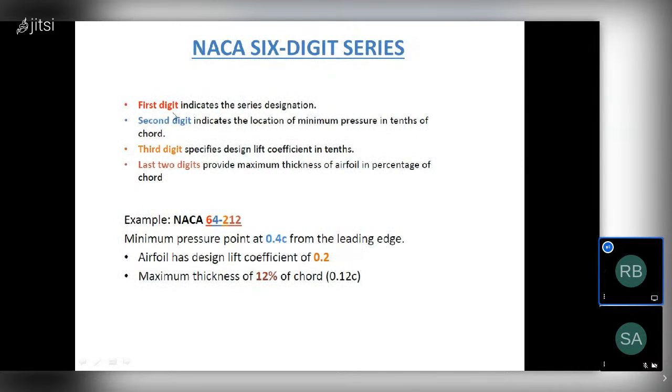The second digit indicates the location of minimum pressure in tenths of the chord, the third digit specifies the design lift coefficient in tenths, and the last two digits provide the maximum thickness of the airfoil in percentage of chord.